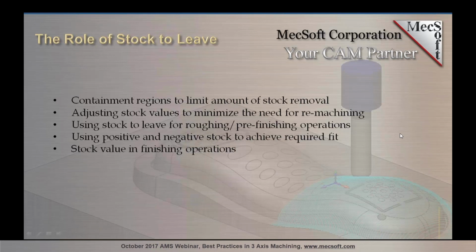For example, being a subtractive manufacturing process, the machining operation is all about removing stock. And so your control geometry can be used to contain the toolpath and also to limit the amount of stock removal. You can also adjust the stock values. You can have negative and positive stock values, and Uday will show an example of this to achieve required fit.